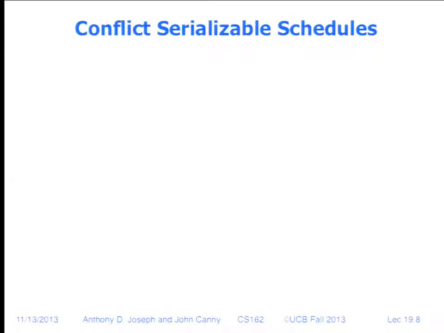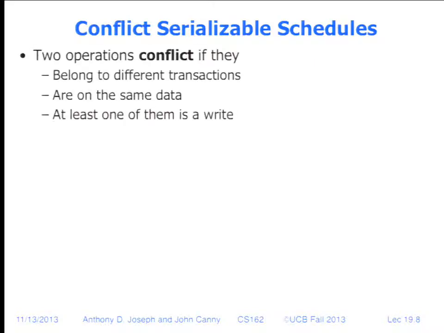Serializability is a high-level, fairly complex notion, but we broke it down and looked at conflict serializability, a simpler notion which only requires you to look at pairwise interactions between reads and writes. Two operations are conflicting if they belong to different transactions, but act on the same data item, and at least one of them is a write.